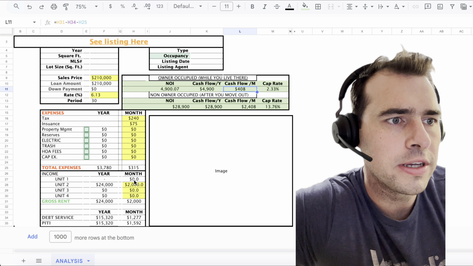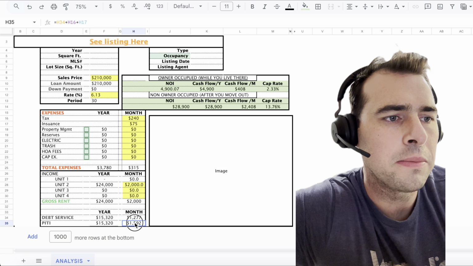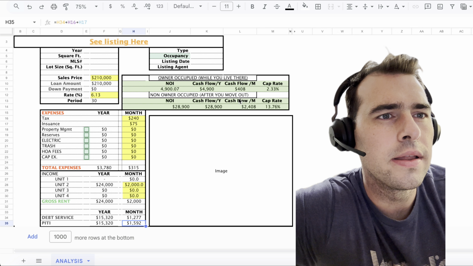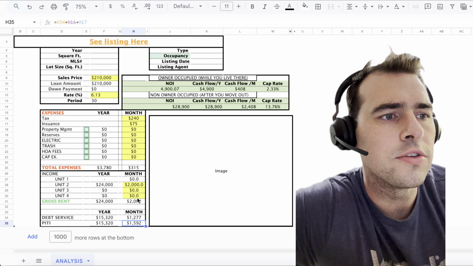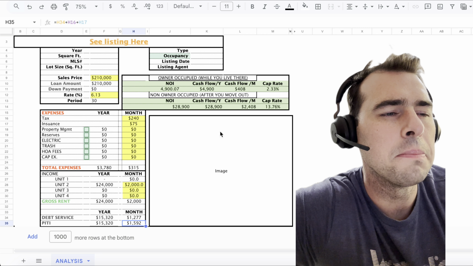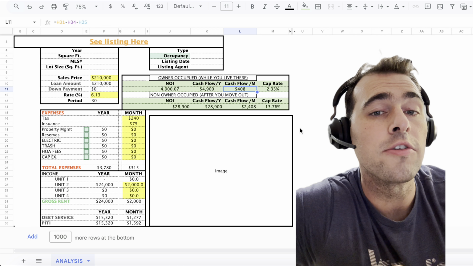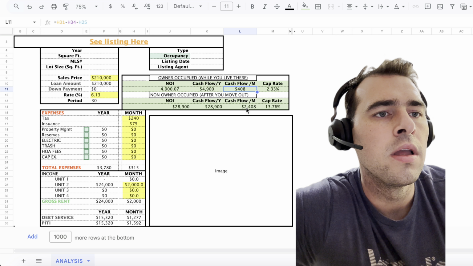Because we are living in unit 1, we're renting out unit 2. Our monthly mortgage payment is $1,592. So we're going to take the $2,000 income minus the $1,592 mortgage payment, and our monthly cash flow, we're going to make $408 per month while we live there.